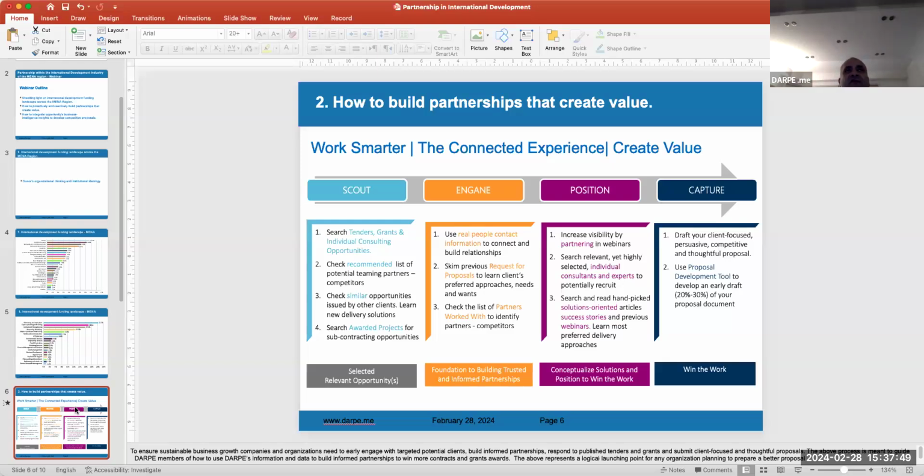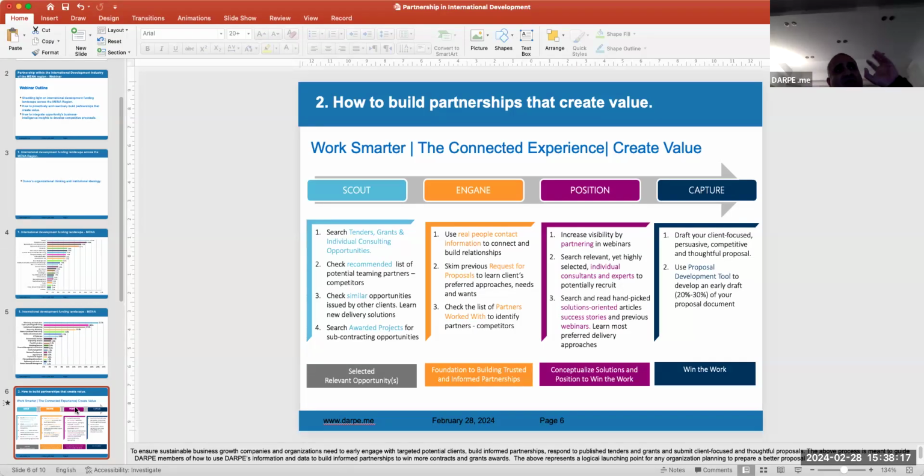If you want to build a stronger relationship and work smarter to win more, you need to capitalize on what we call the connected experience. This is done through a journey of four phases: scout, engage, position, capture. And DARPE has been set up on that.